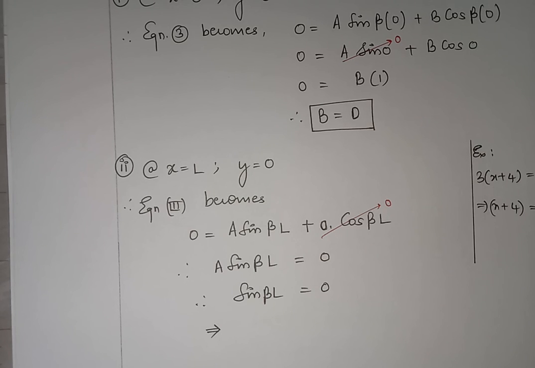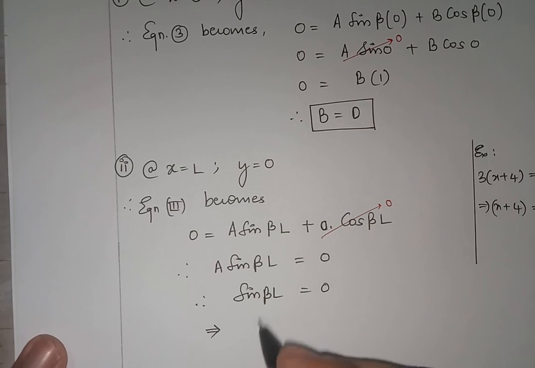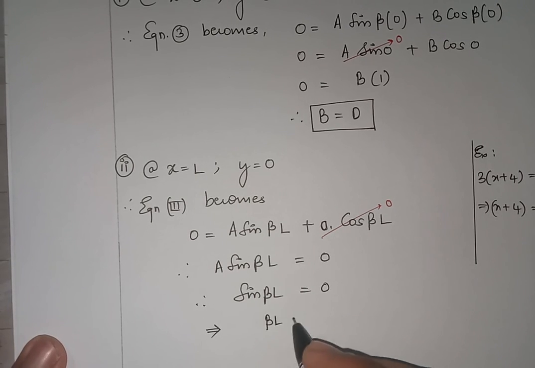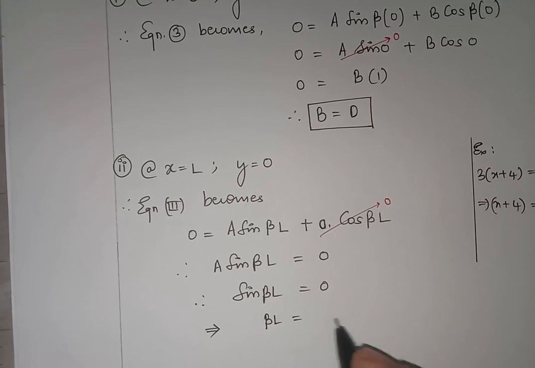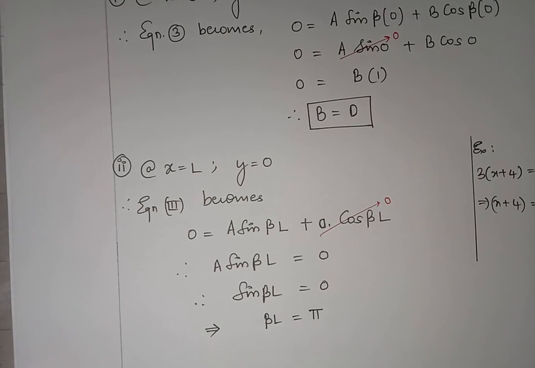Why I want beta, I'll tell you later, because it is my point of concern. You cannot take beta into L as 0. Sine beta L is equal to 0, so sine theta is equal to 0. What is the value of theta? Theta value, in this case beta into L, will be equal to pi, that is 180 degrees.